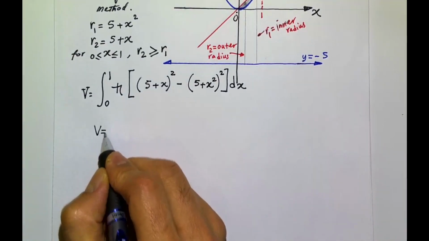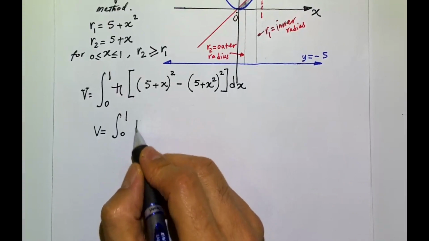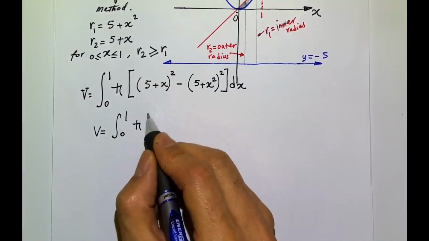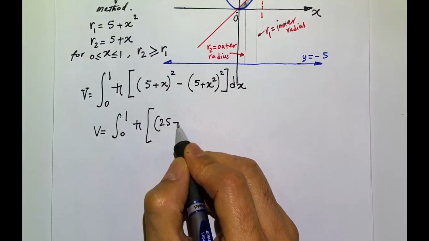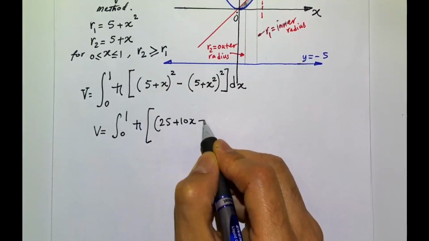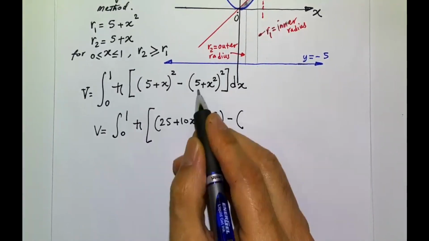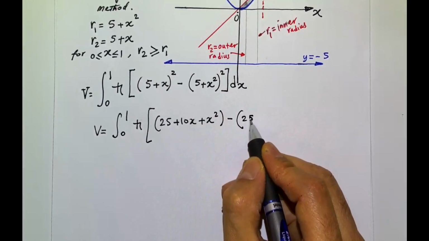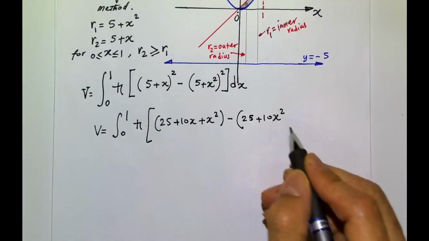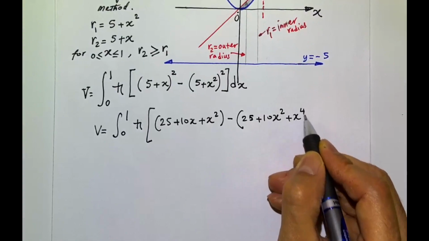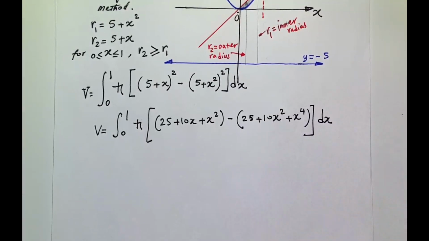So we have volume equals the integral from 0 to 1 of pi, and we want to expand these, right? So we have 25 plus 10x plus x squared, minus 25 plus 10x squared plus x to the fourth, close that, and then dx.